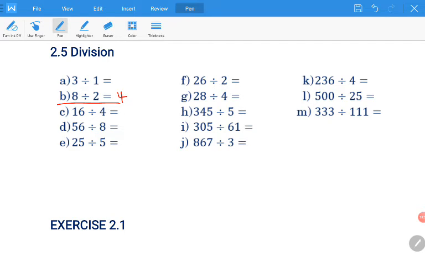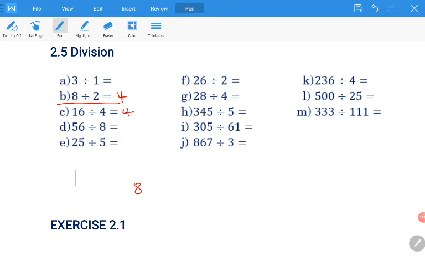So we can do the same with question C. 16 divided by 4. Here we get 4. 4 gets into 16 4 times. 56 divided by 8. We know that 8, if you add 8 7 times, you get 56.